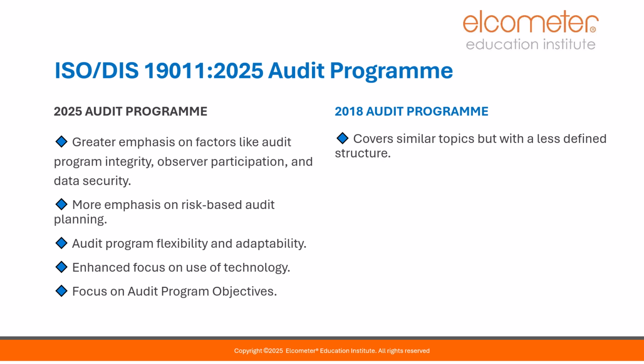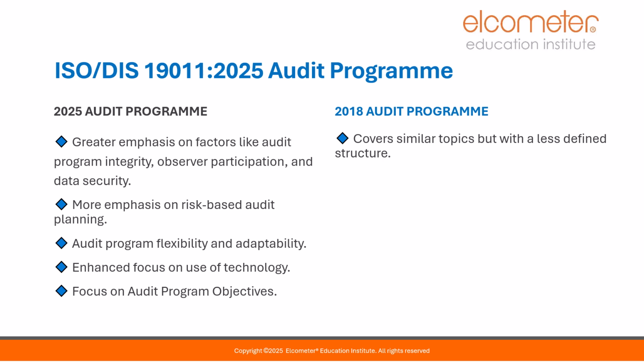A summary of changes to the audit programs in the new draft include: 1, stronger emphasis on risk-based planning. Audit programs are to be strategically aligned with the organization's risks and objectives. More emphasis on prioritizing audits based on areas of high risk, complexity, and compliance requirements.